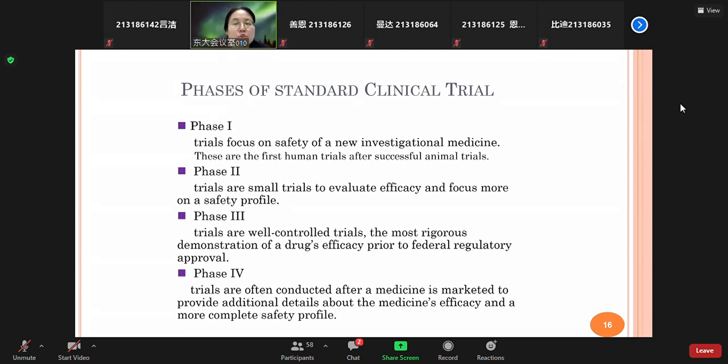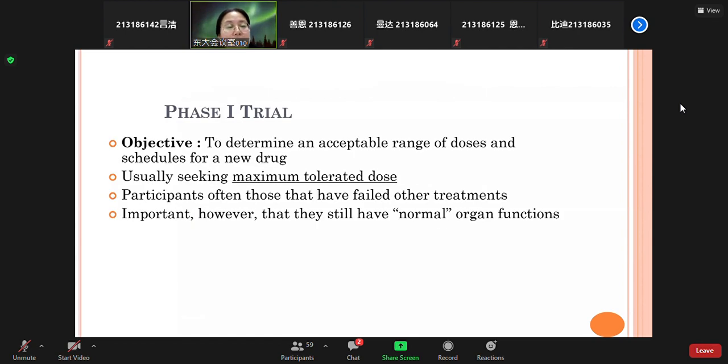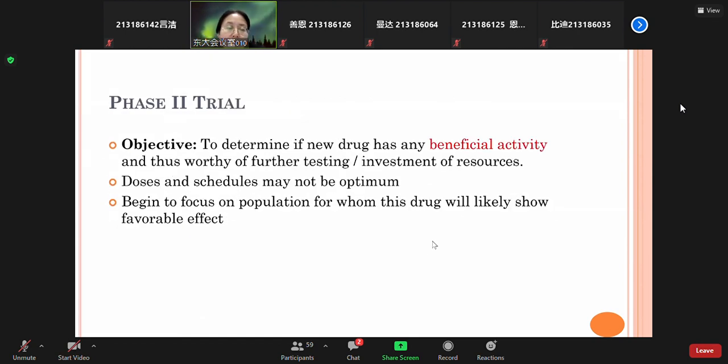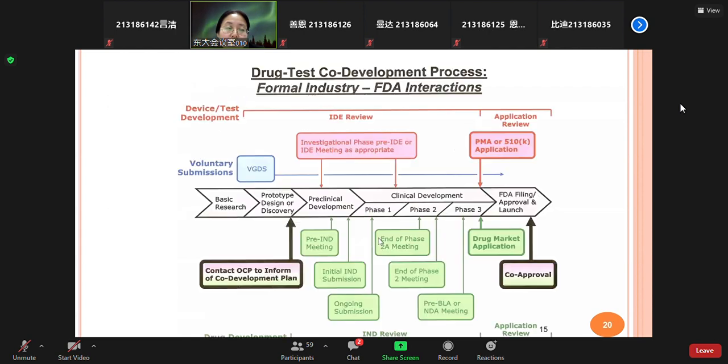No matter whether it is a drug or maybe a healthcare program, they have to follow the formal regulation. That's very important. About the details, I don't give them here, I just give some introduction like that.